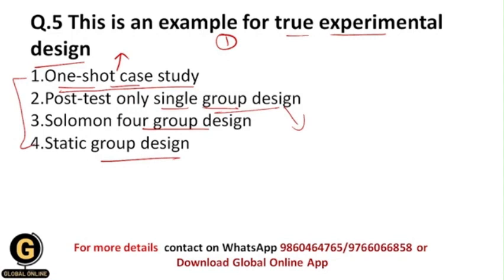Basically Solomon 4 group design attempts to take into account the influence of pre-testing on subsequent post-test results. And the last one is static group design. Here two groups are used, experimental and control, and test units are not assigned randomly between both groups. So what is exactly a true experimental research design?